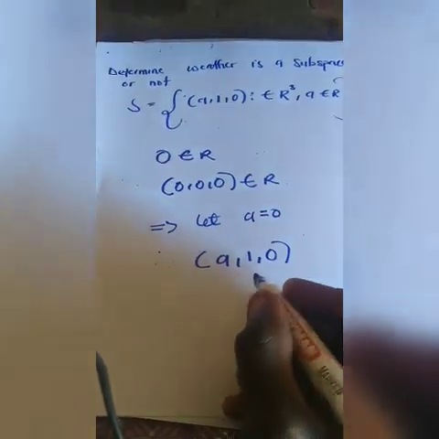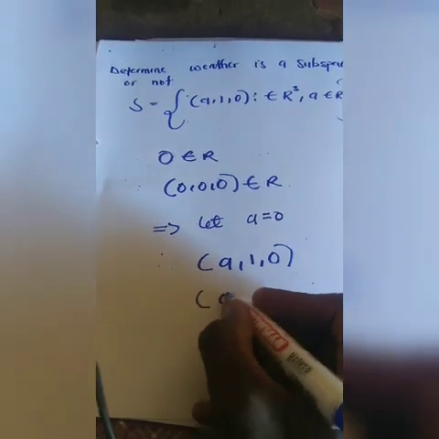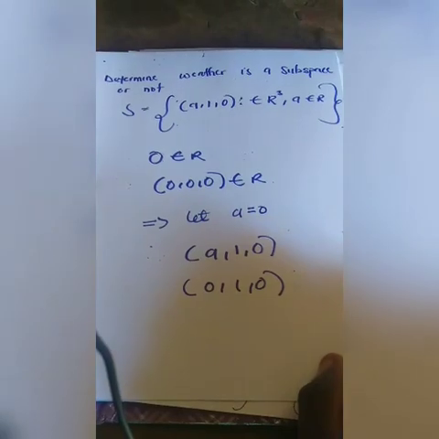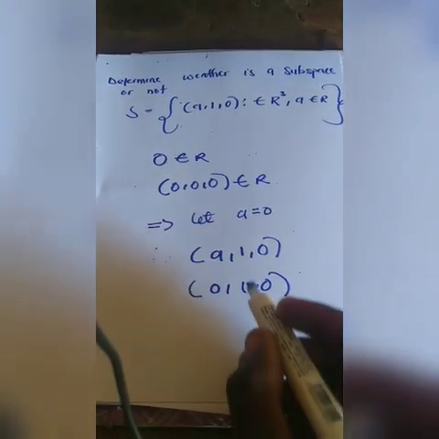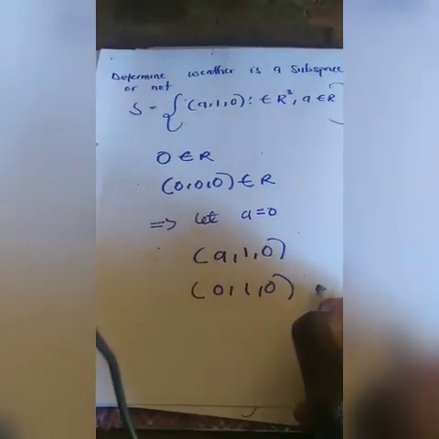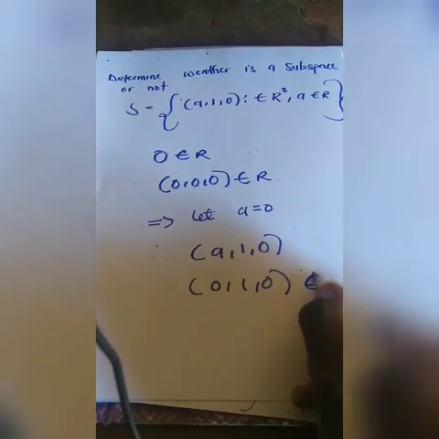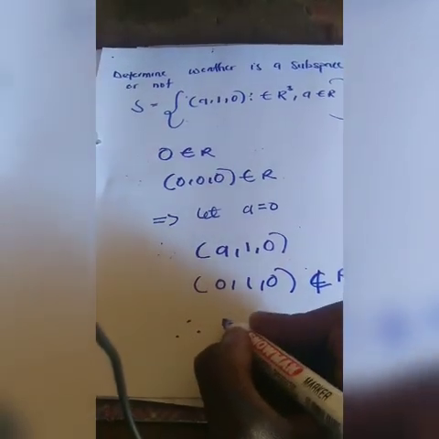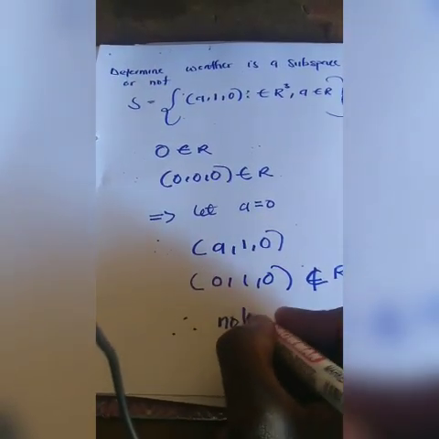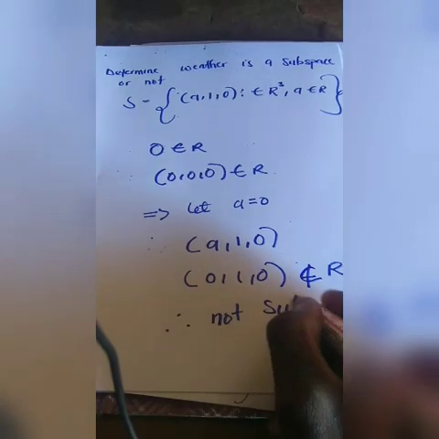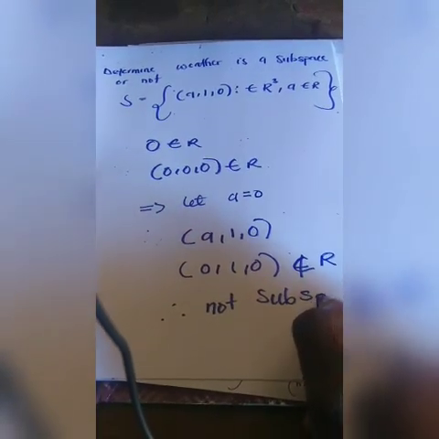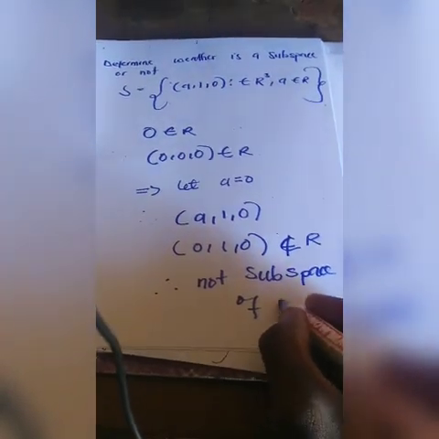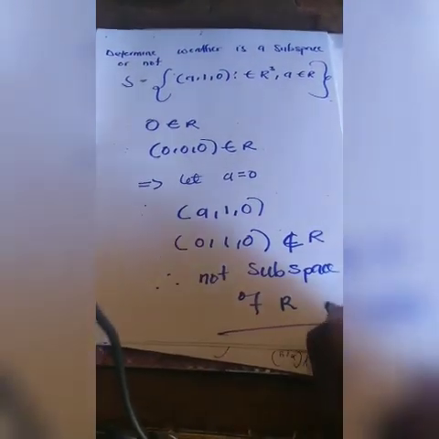So I'll place in A equal to 0, giving 0, 1, 0. Now I have this. This is not a 0 vector because there is a 1 inside, therefore it is not a member of R. Henceforth, therefore not a subspace of R.